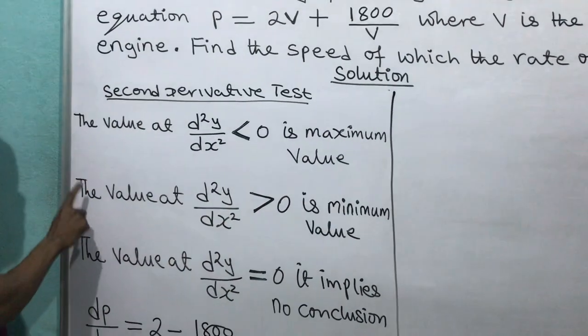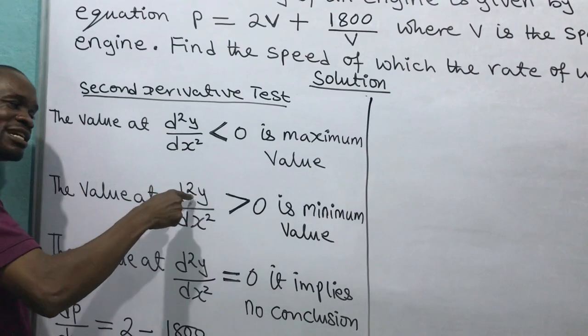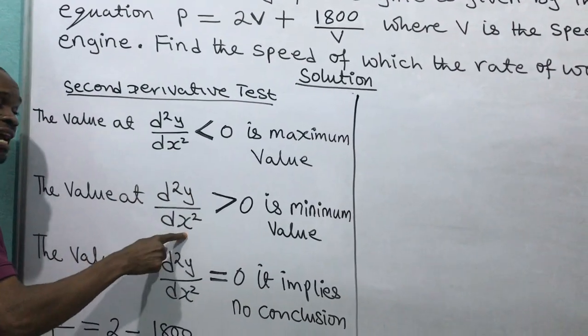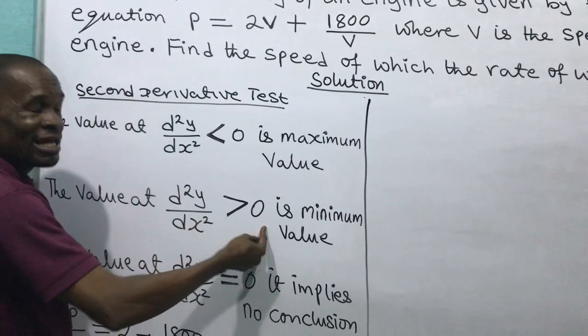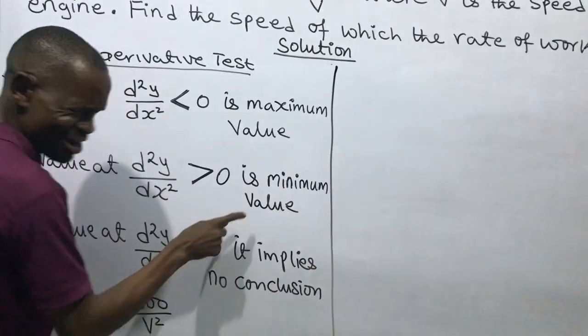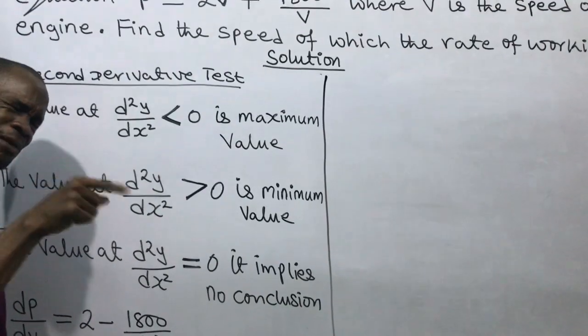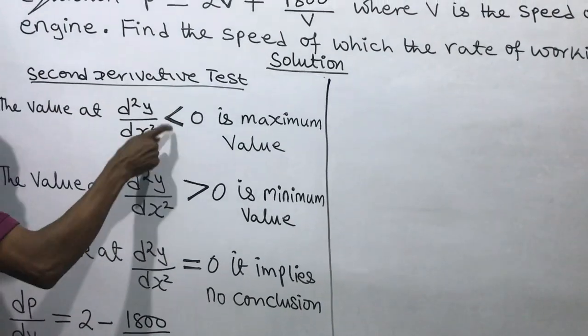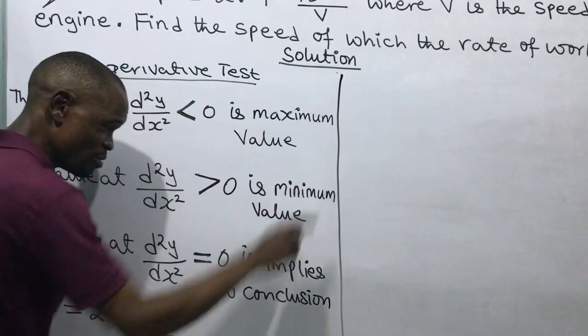Second condition: the value at which the second derivative of y in respect to x is greater than 0, that critical value at that point is minimum value.